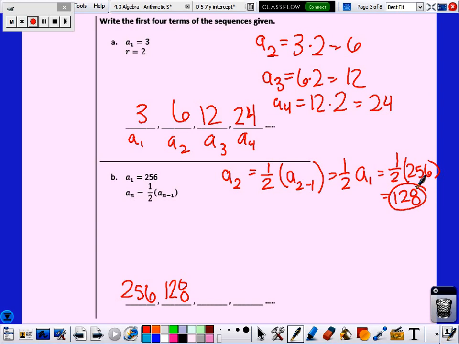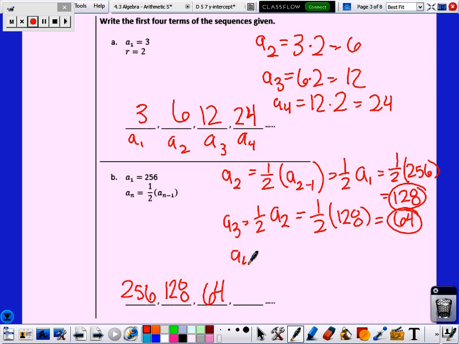We're going to do the same thing for a sub 3. It's 1/2 of a sub 3 minus 1, which is a sub 2. I'm not showing every single step this time, which is 1/2 of 128, which is 64.